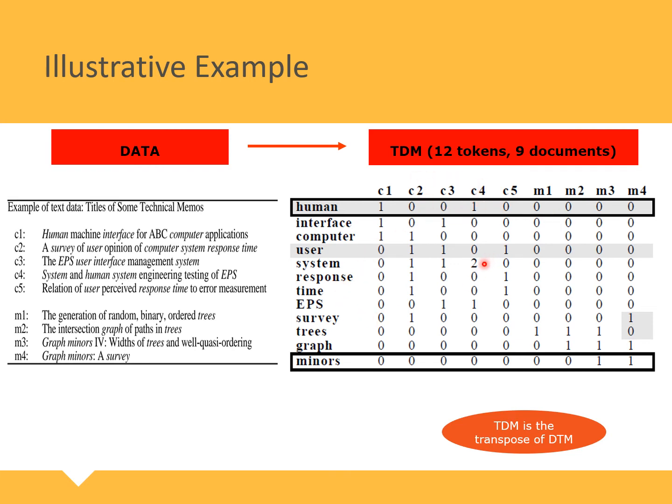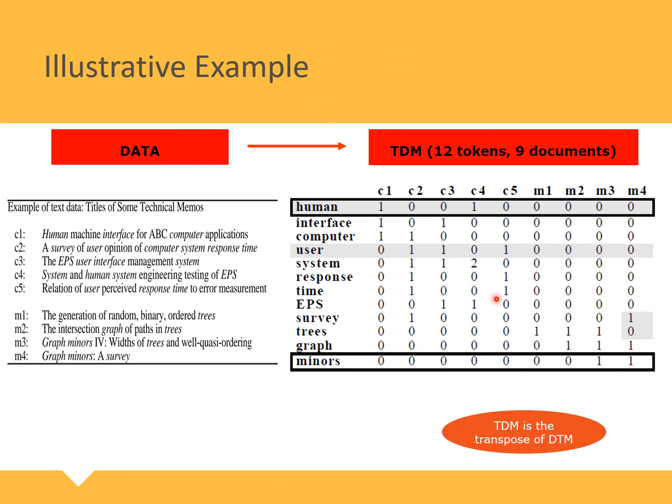So for example, the 2 here would mean that the term system is present 2 times in the document labeled C4. If we inspect C4, we will see that the sentence is: system and human system engineering testing of EPS. So system appears twice there.